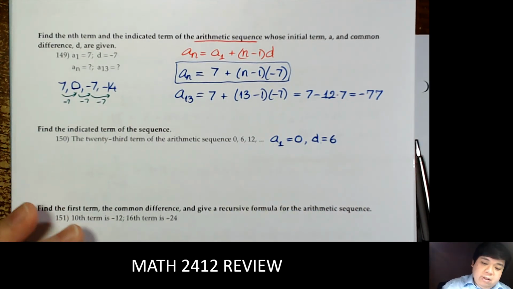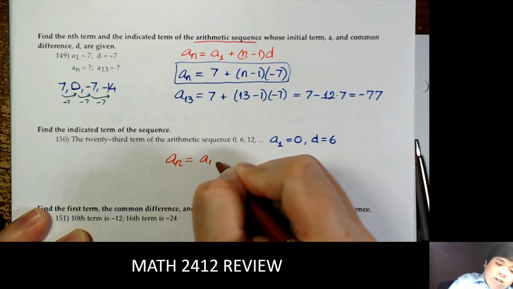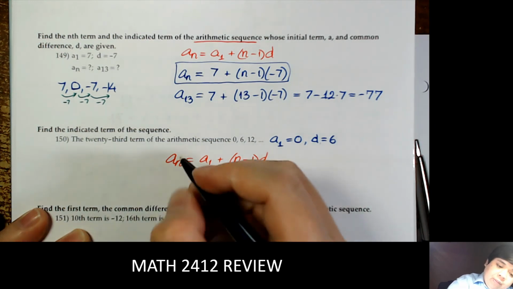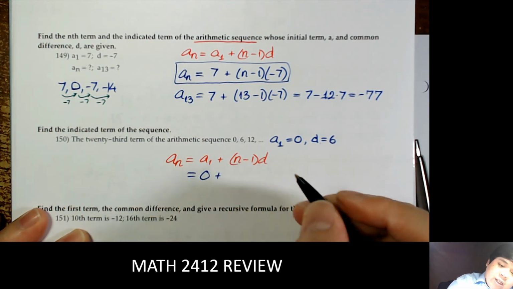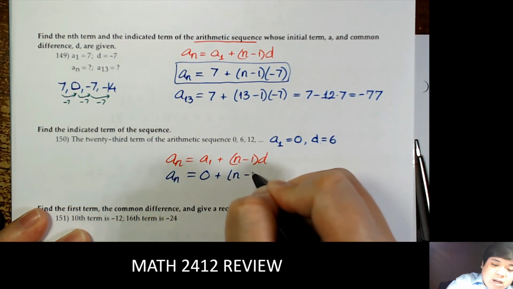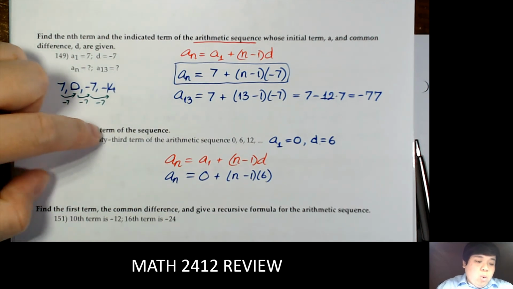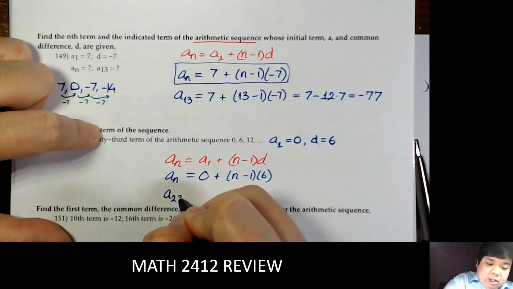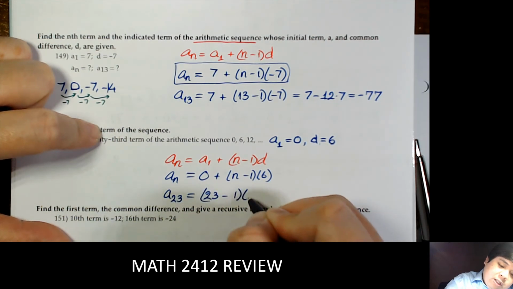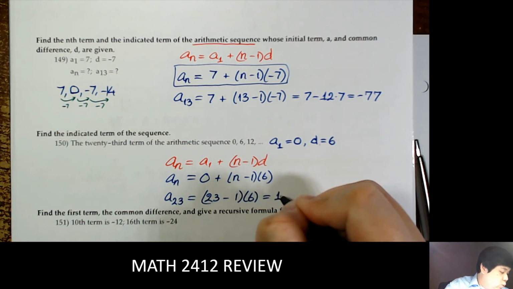So that's what we have. And arithmetic sequence an equals a1 plus n minus 1 times d. We start from 0, and it's going to take n minus 1 steps times 6. And 23rd term, so 23 minus 1 times 6. So 22 times 6, 132.